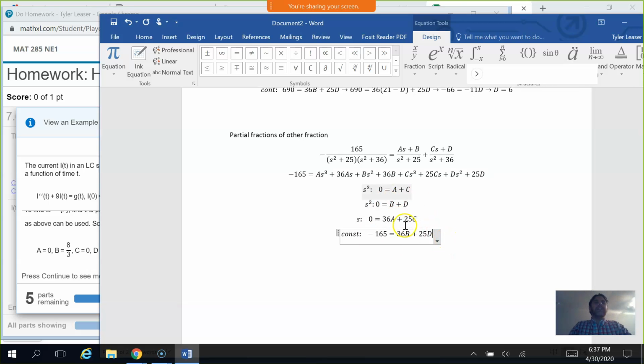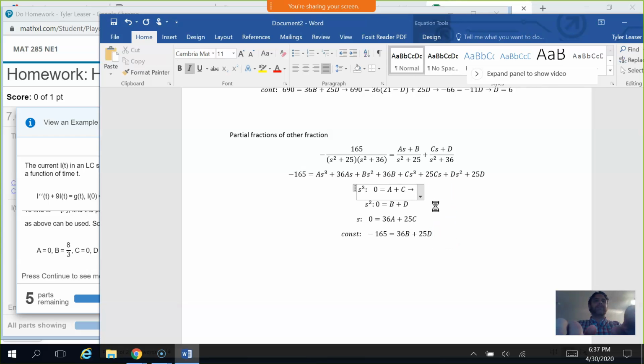And again, you can solve these however you want, substitution, matrices, whatever you want to do here. Substitution is probably the easiest. This one gives me A has to be negative C. The second one here gives me that B has to be negative D. So if I plug that into this one, I can already tell you that they're both going to have to be 0, but just to plug it in to show you, we get 0 is equal to 36 times negative C plus 25C, which is 0 is negative 11C.